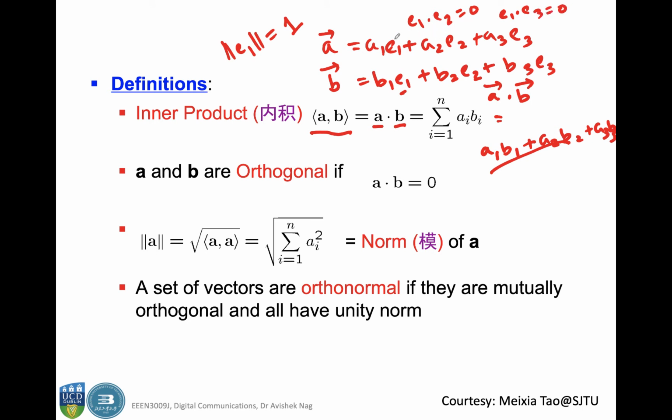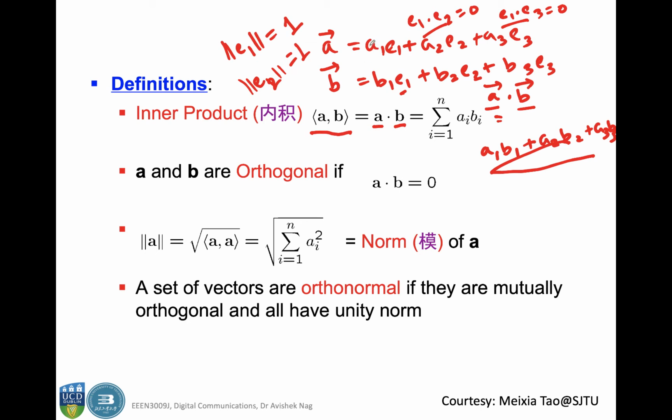So based on these properties, that the norm of these basis vectors is 1, and that if you take the dot product of one unit basis vector with another, it will be 0, this property renders the dot product a dot b as this expression a1 b1 plus a2 b2 plus a3 b3.